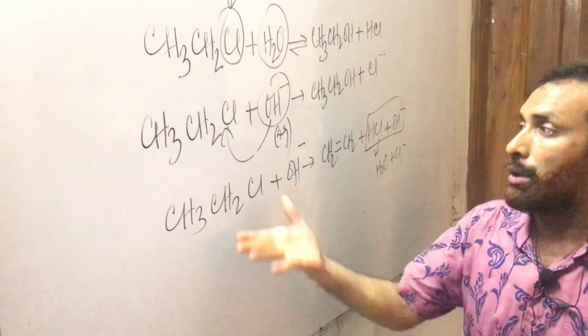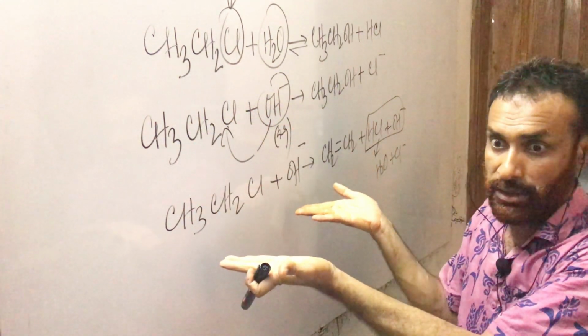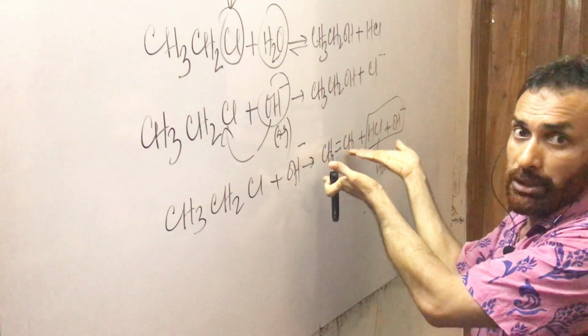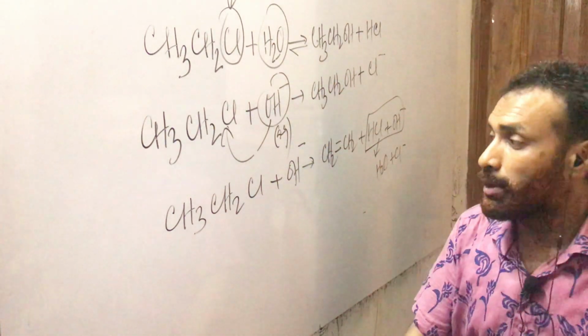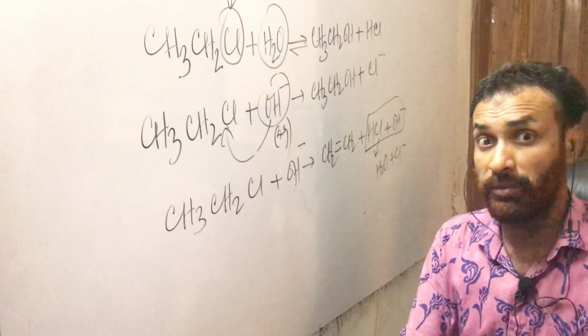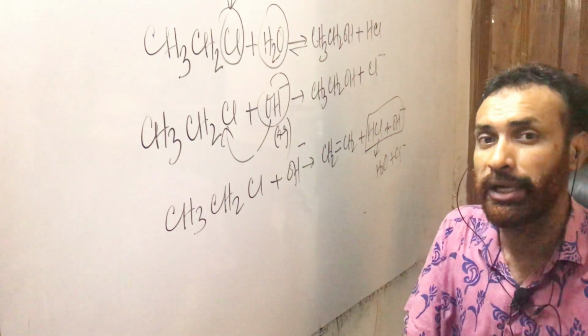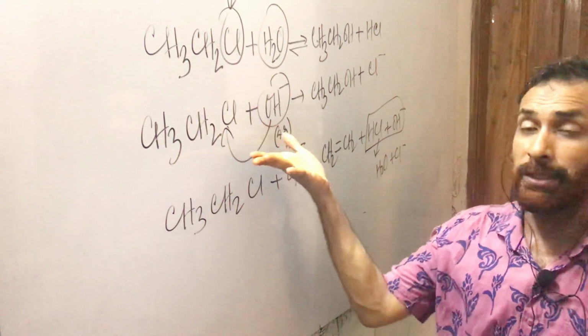So the reagents are the same in these two equations, but the reactions are not the same. They give different products. This is an interesting thing and very important for the exam. The difference is caused by the conditions, not by the reagents.